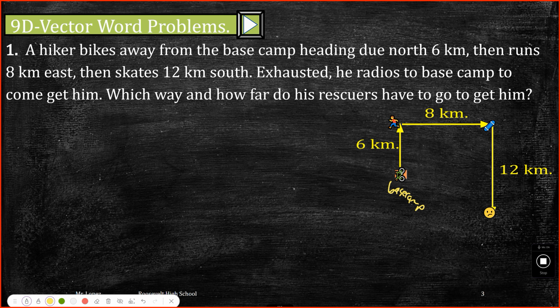Say the rescuers don't want to follow his trail, and they're not going to get a dog to sniff where he walked or anything like that. They're just going to go straight to where he went. If he does know mathematics and he tells them, well, I went north 6 kilometers, then I went east 8 kilometers, and then I went south 12 kilometers.